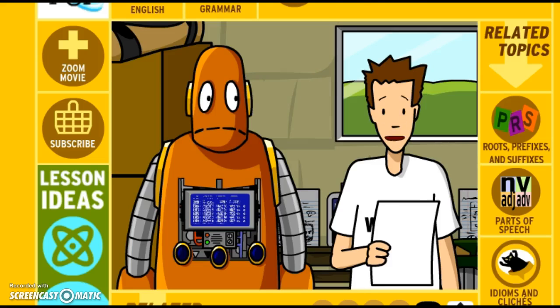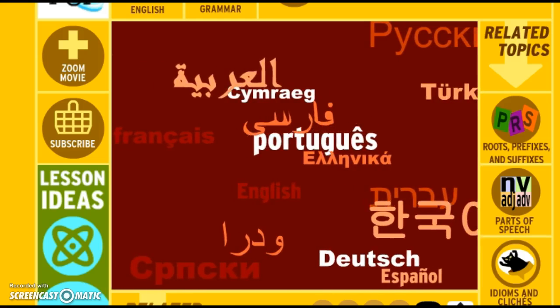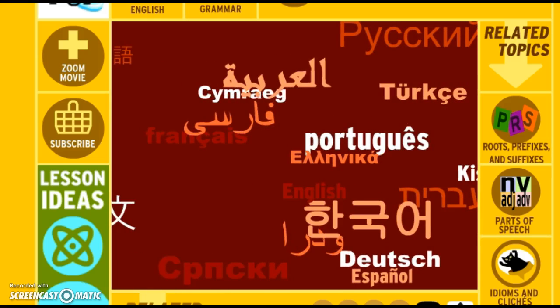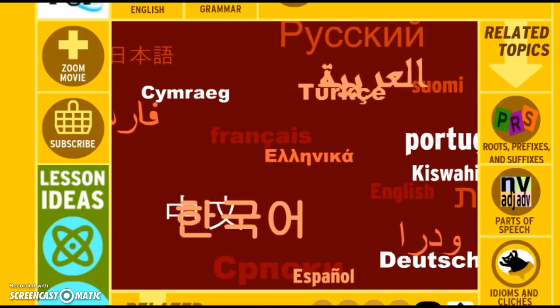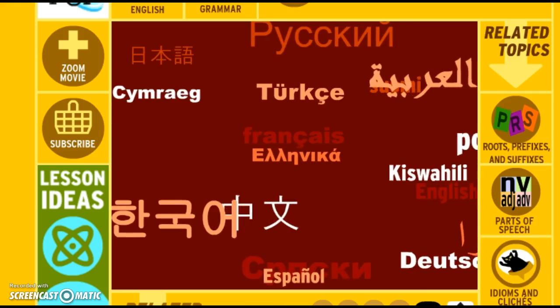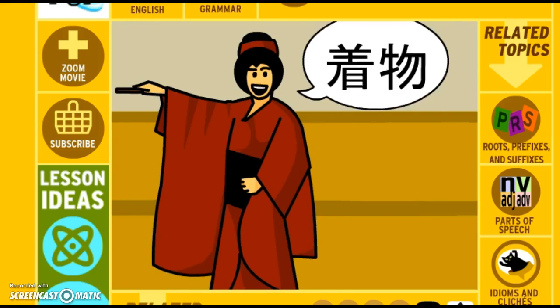Well, words come from lots of different places. The study of word origins is called etymology. Every language has its own history, so we can't possibly tell you everything there is to know. But no matter what the language, there are a few basic ways that words come into it. The first is by borrowing from another language. For example, the word kimono comes from Japanese.